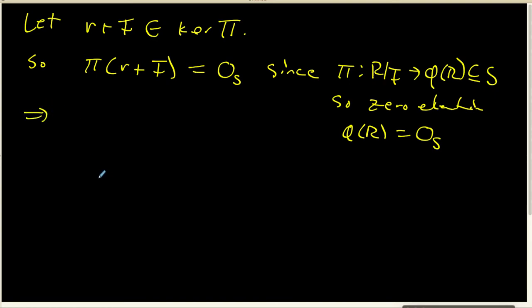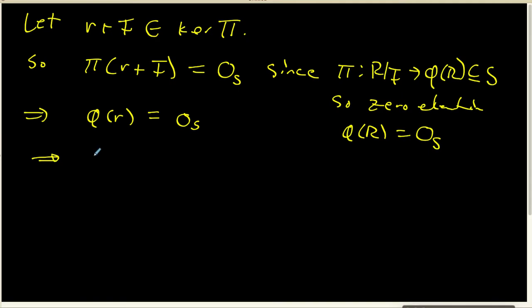Pi of r plus I is just phi of r. So this particular equation here will imply that phi of r is equal to 0 inside ring S.